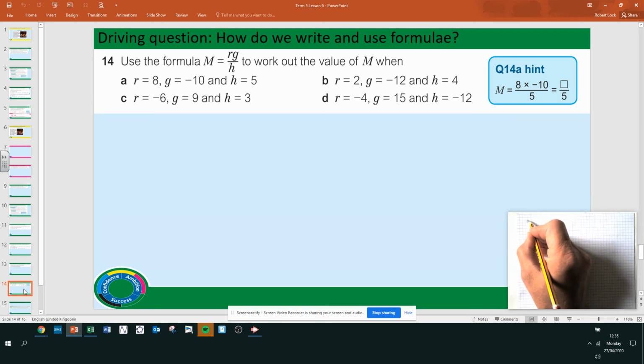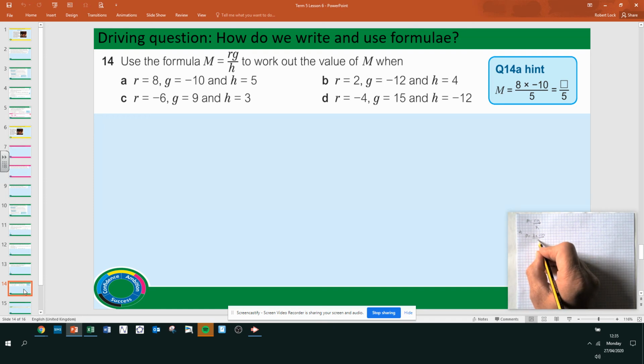So M equals RG over H. So M equals R, which is 8, times G, which is minus 10, divided by H, which is 5. So 8 times 10 is 80, and a positive times a negative is a negative, divided by 5. So M equals minus 80 over 5.